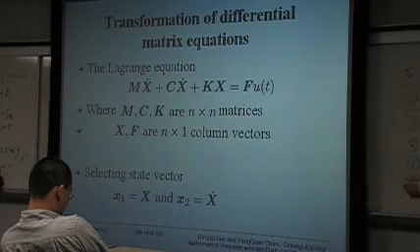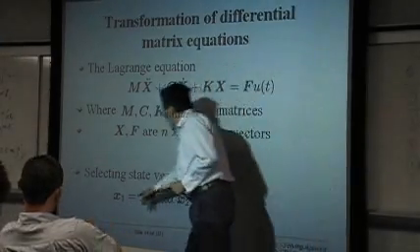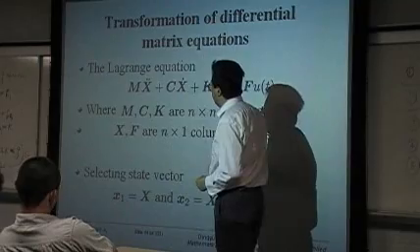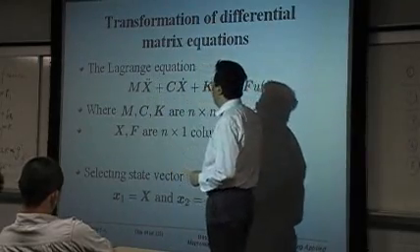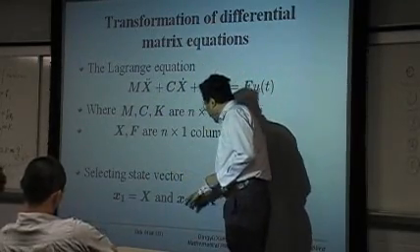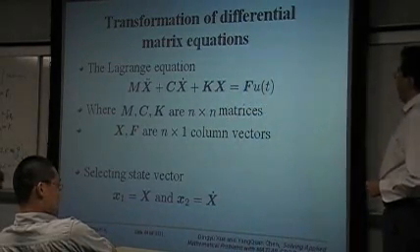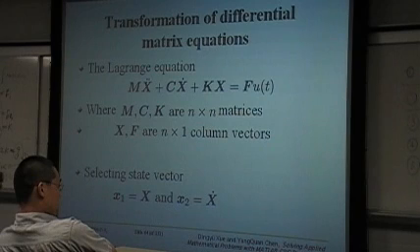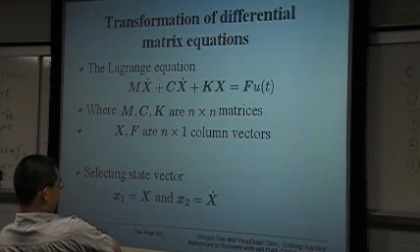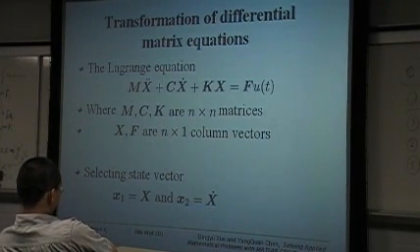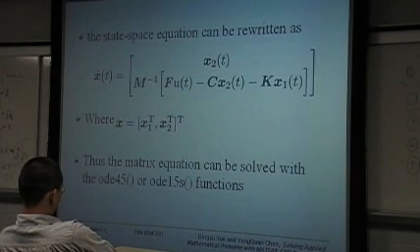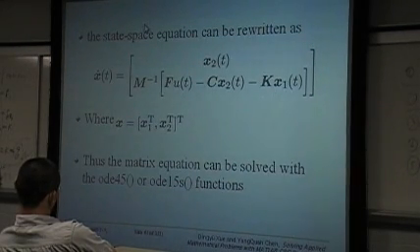What we need to do is to introduce x1 equals capital X, because X itself is a column vector, and x2 equals capital X dot. We can join x1 and x2 together to form the final x vector. So we can finally transform the original differential equation into this form. It is again a standard form. We can solve it.